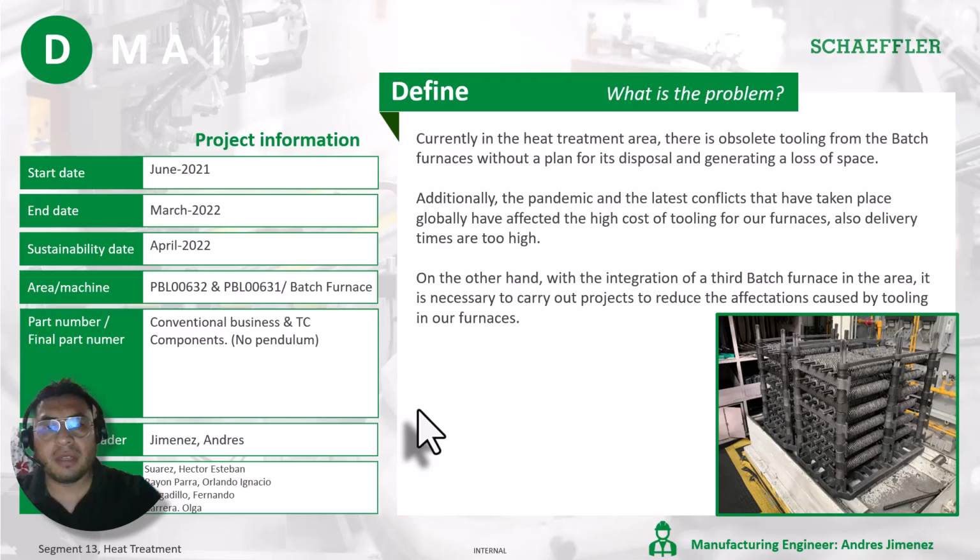The definition of this project was the problems with the damaged tooling. At that moment, we had a lot of problems with damaged tooling because we had stored this tooling in the area for many years, and we had to use a lot of space to store it. Additionally, this problem was during the pandemic, and we had a lot of problems with the delivery cost and delivery time, because in the pandemic it was very difficult.